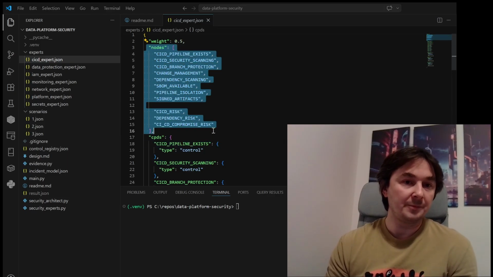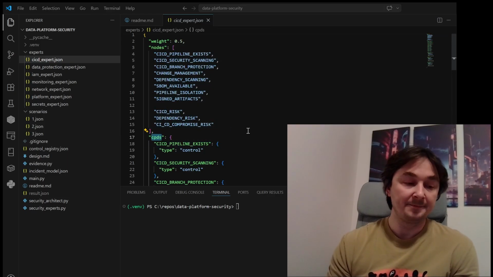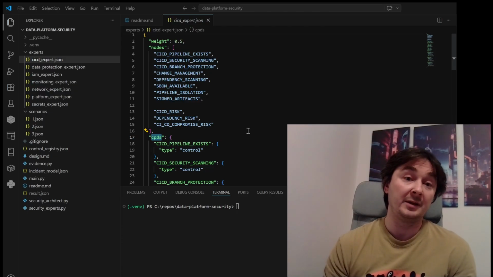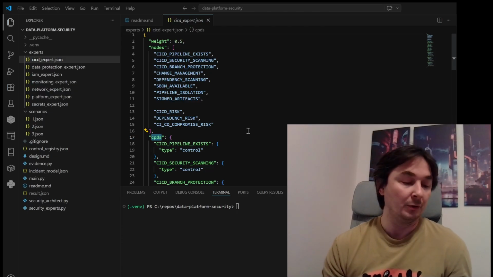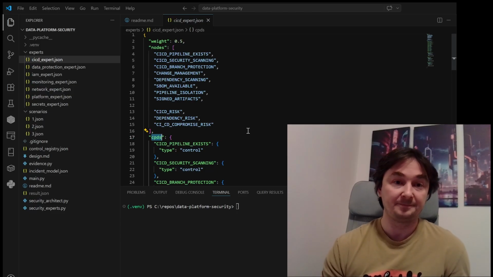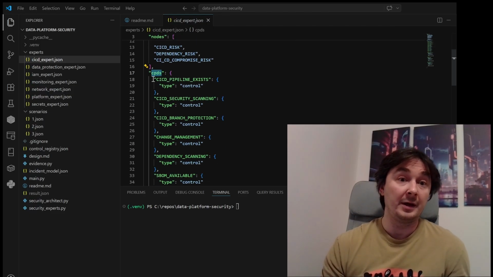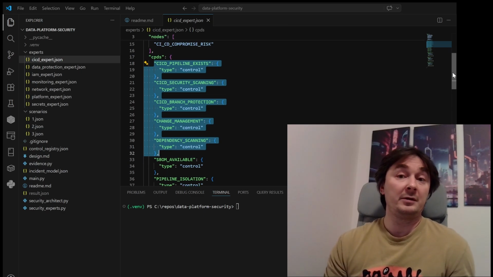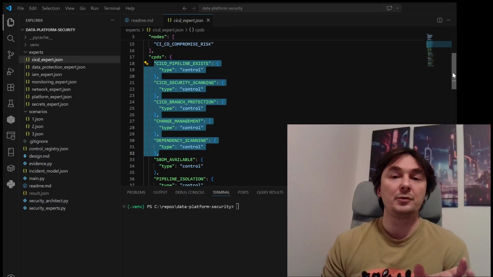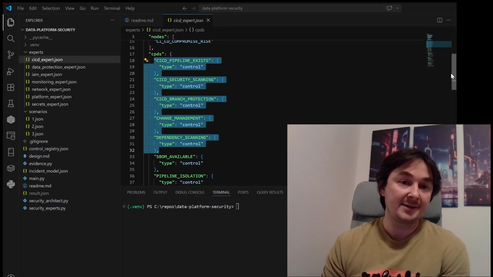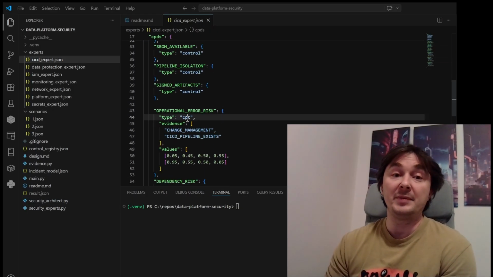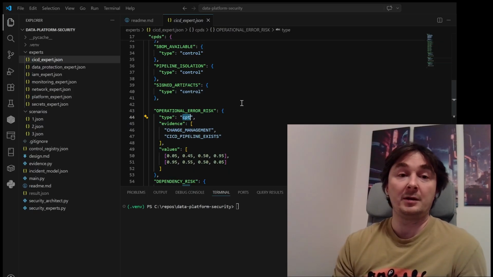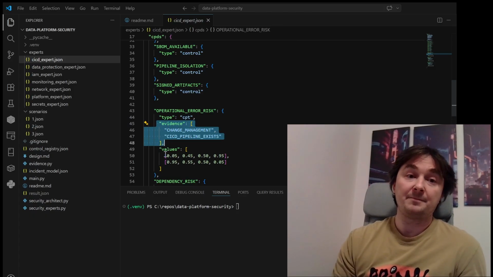Now, from those nodes, we can build the CPDs. CPD stands for conditional probability distribution, and it is pretty much our DAG, the directed acyclic graph. We have here a number of control nodes, which are basically the prior nodes from which we can infer others. And those others are the CPT nodes. CPT stands for conditional probability table, and they have evidence and values.